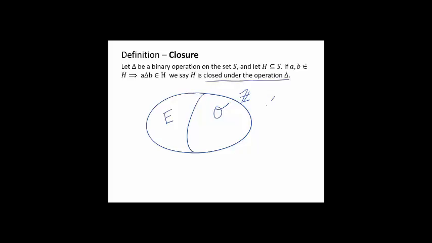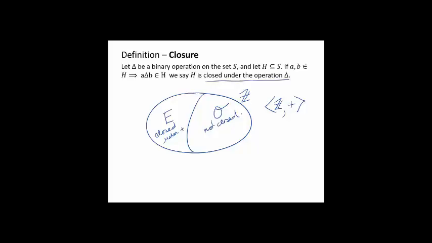So we're considering Z under the operation of addition, Z together with the binary operation plus. E, well, if you add two even numbers, you get an even number. So we say that E is closed under addition. O, however, is another subset of Z, and O is not closed.